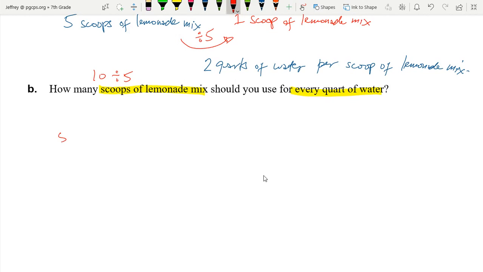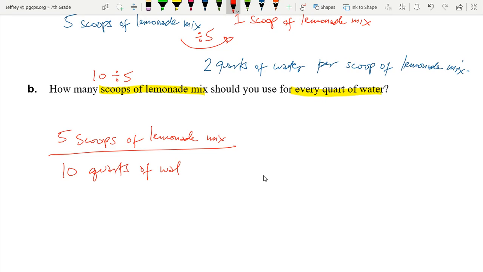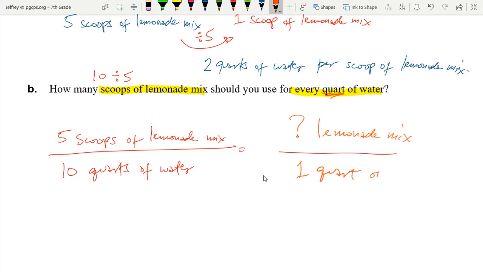We know that there's 5 scoops of lemonade mix for every 10 quarts of water. And now what we're looking for would be the number of scoops of lemonade mix. And we do know that we will have a unit rate of 1 quart of water.